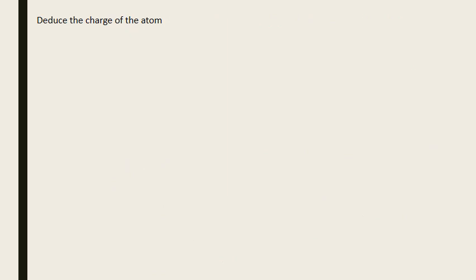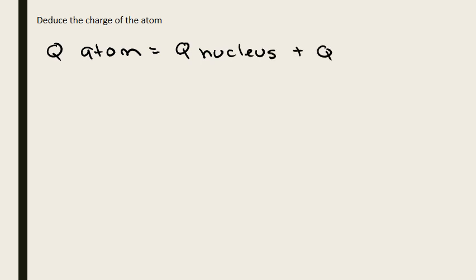So the last question says deduce the charge of the atom. So the Q of the atom equals the charge of the nucleus plus the charge of the cloud. Okay, so the charge of the nucleus is the charge of the protons plus charge of the neutrons plus charge of the electrons.